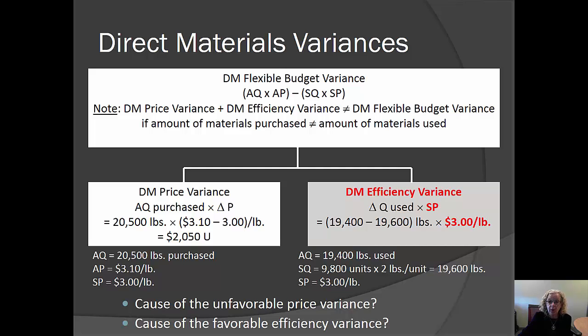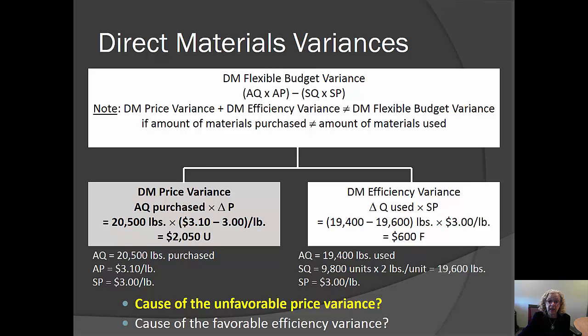When we do, we find that we have a $600 favorable efficiency variance for materials. That means because we use 200 pounds less than we expected at a standard price of $3 per pound, that saved our firm $600.